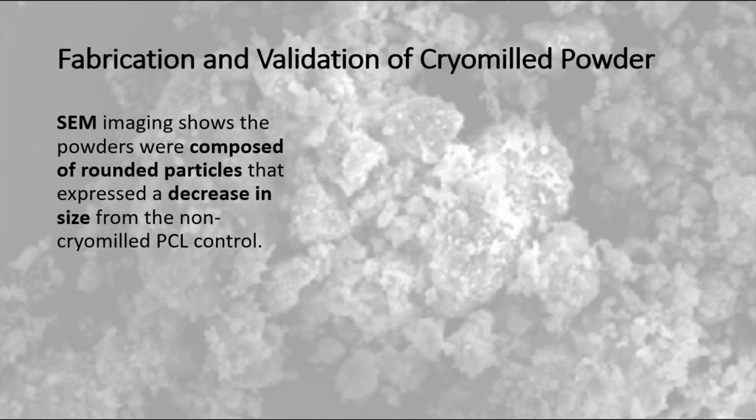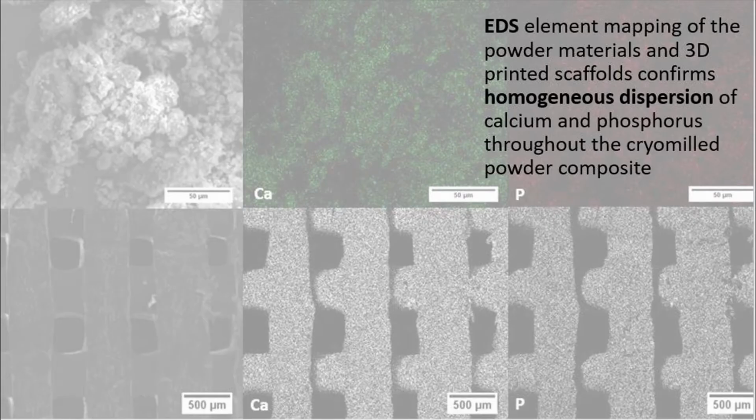SEM imaging of the composite powders shows the powders were composed of rounded particles that expressed a decrease in size from the non-cryomilled PCL control. EDS element mapping of the powder materials confirms homogeneous dispersion of calcium and phosphorus throughout the cryomilled powder composite.